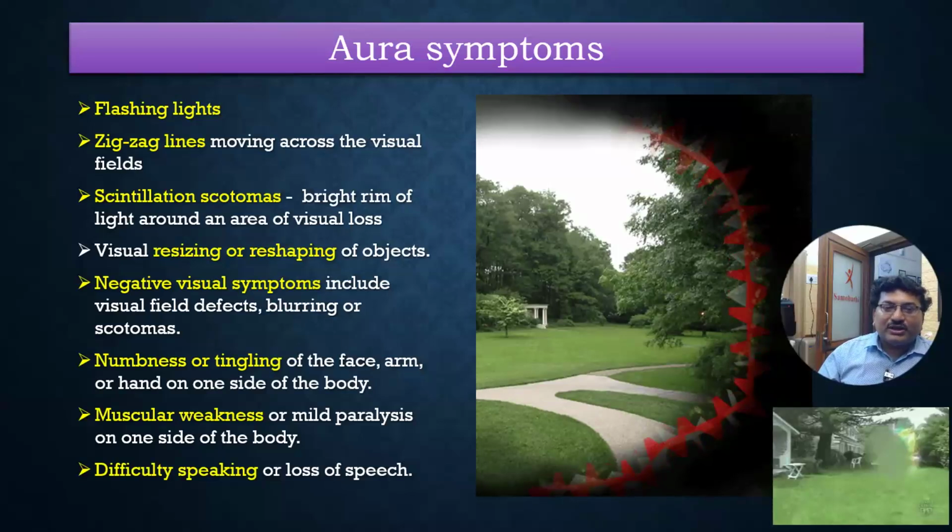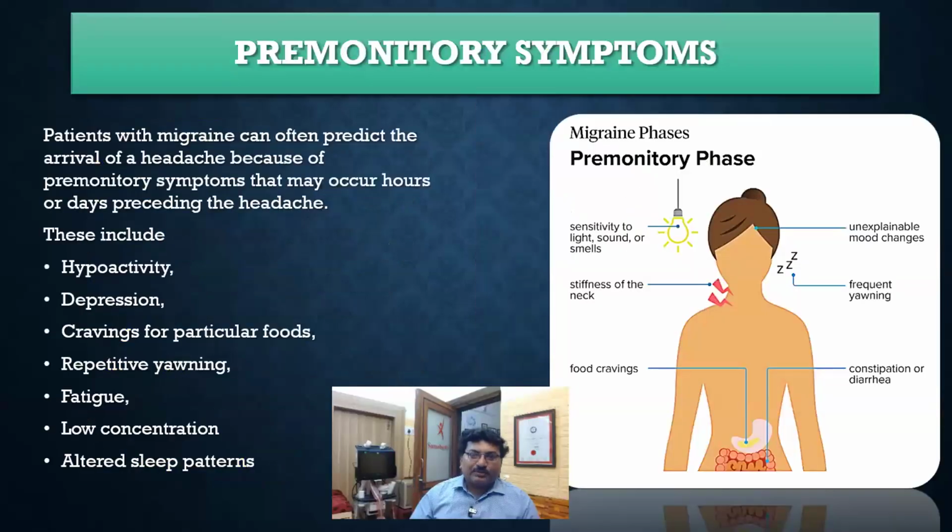Then negative visual symptoms include visual field defect, blurring or scotomas, numbness or tingling of the face, arm, hand, or one side of the body. Then there could be muscular weakness or mild paralysis of one side of the body. That's basically hemiplegic migraine. And then there could be difficulty in speaking, or loss of speech could be possible. So these are the usual aura symptoms, but remember, visual auras are the most common, others are comparatively rare.